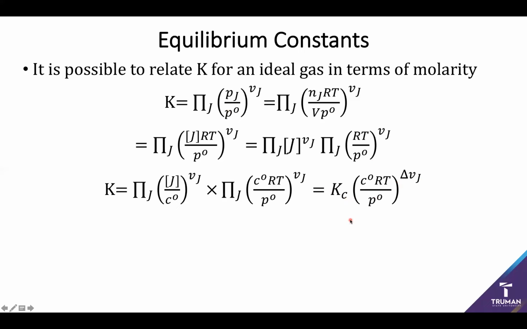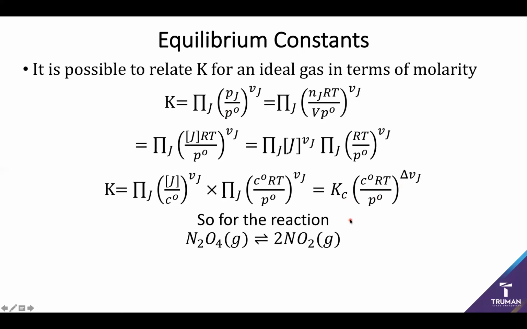So let's go ahead and look specifically at an example to explain what I'm doing. So let's look at the example of the decomposition of dinitrogen tetroxide. And this can decompose at high temps to form nitrogen oxide.